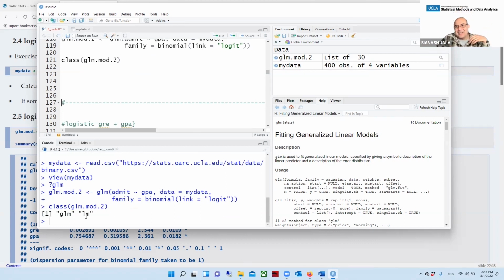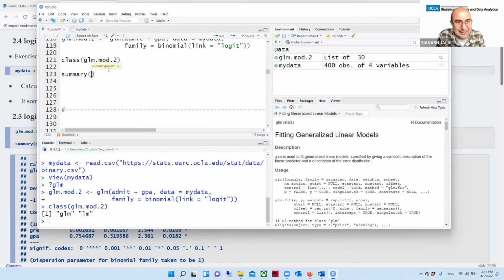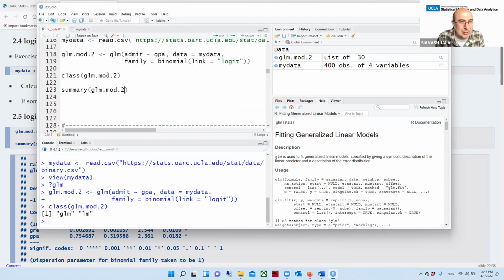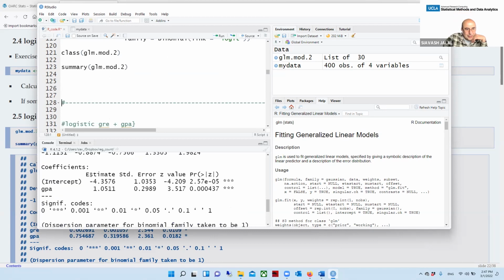It's the same class, so everything you can run over an lm function, you can pretty much run for a GLM model. And then you get the result by summary of glm.model.2. It was my model two, right? And then you do that, and you get the result, right?